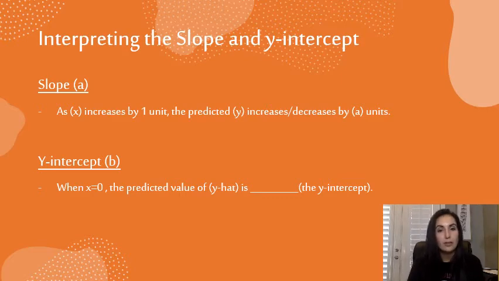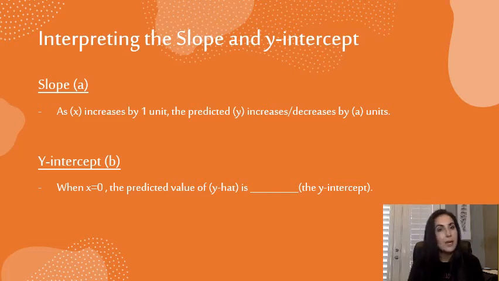For the y-intercept, you're going to make sure that you remember y-intercept is what y is when x is 0. So if you're interpreting the b, you're going to say when your x is 0, the predicted value of y hat is blank, whatever the y-intercept is. To put context to this one, we'll use height and handspan again.